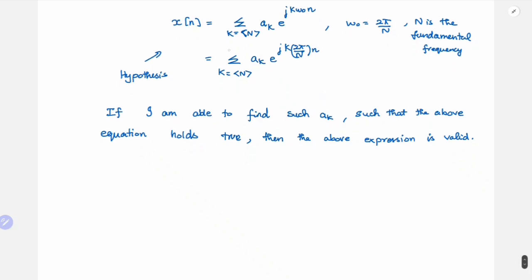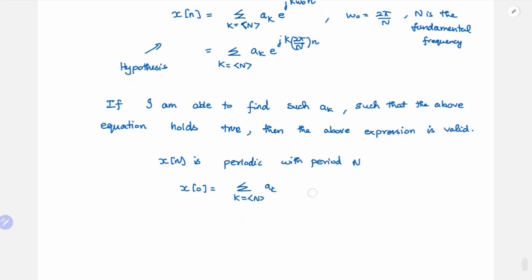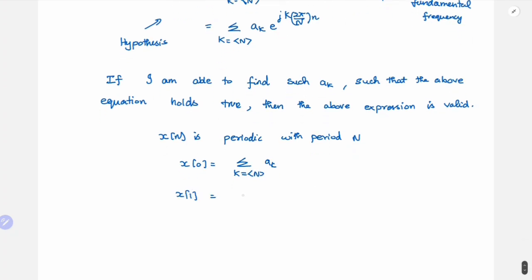So since x of n is periodic with period N, let me write it this way. x of 0, I can write as the summation over k equal to N of a_k, because this term is going to be equal to 1. And x of 1 will be the summation over k of a_k e power j 2 pi by N into n.